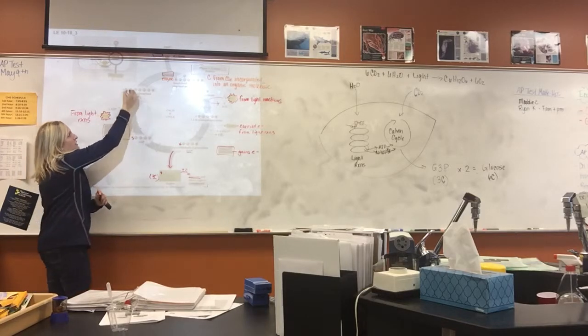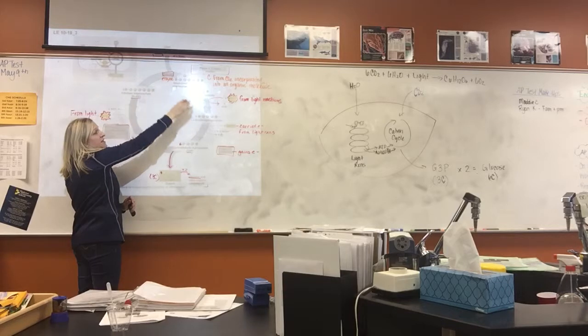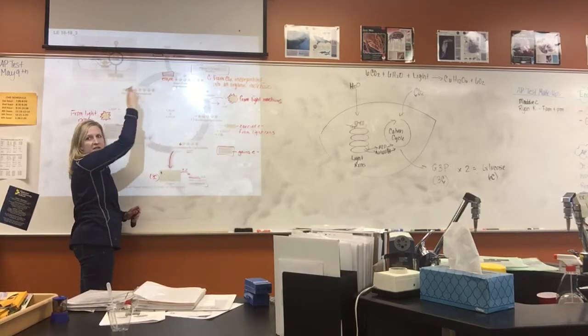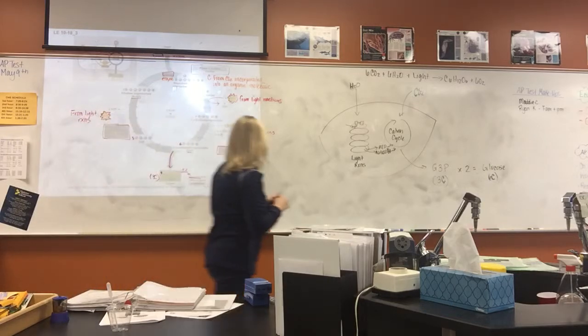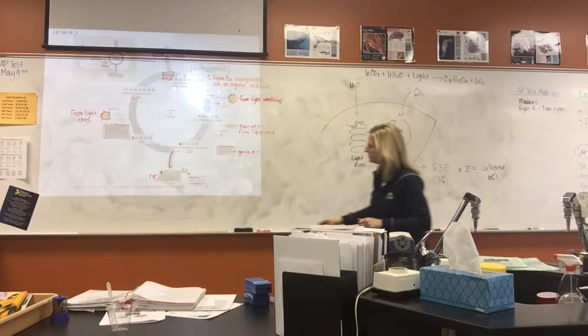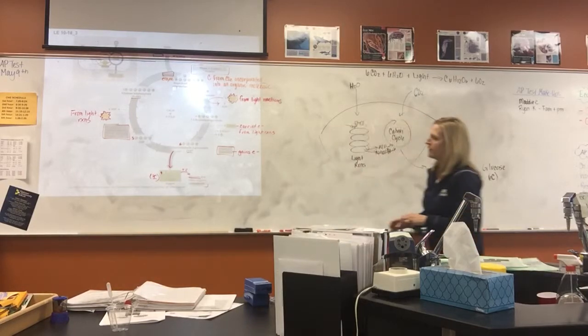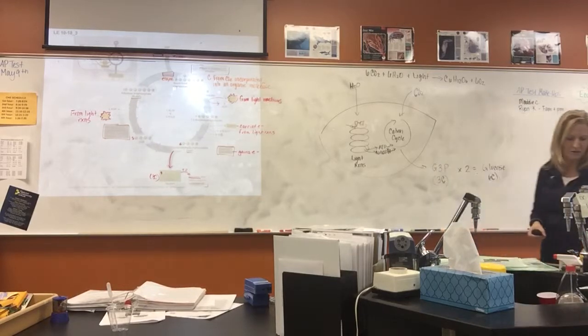And ultimately we get RuBP regenerated, so now it can react with the next CO2 and the cycle can continue on and on and on. All right? And that is your Calvin cycle and how it makes ultimately your glucose, G3P first and then ultimately your glucose.